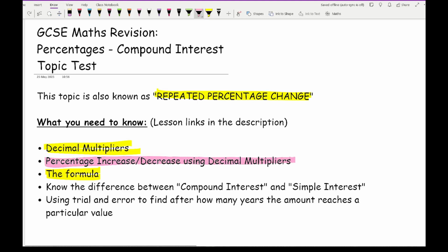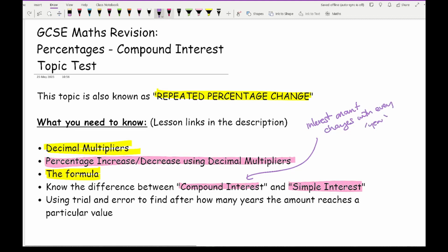The next thing you then need to know is the difference between compound interest and simple interest. Now with compound interest, the interest amount constantly changes. So this is where the interest amount, and when we talk about interest, it could be the amount that's being decreased or increased, changes with every year, which I'm just going to put in brackets, it could be month.